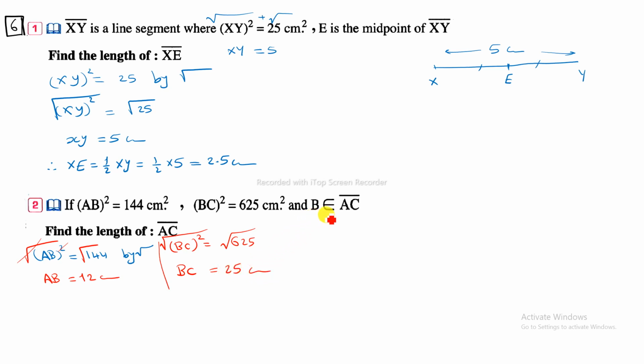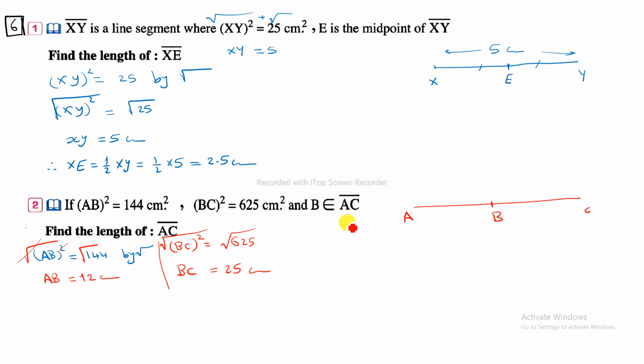It says B is a point belonging to the line segment AC, meaning line segment AC has a point B where AB is equal to 12. B belongs to the line segment AC.